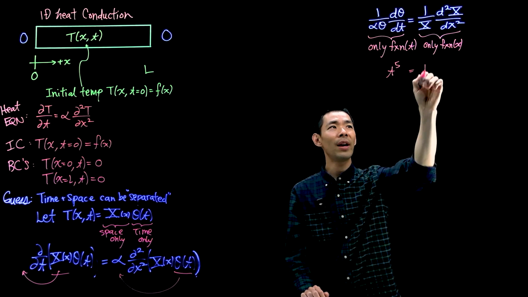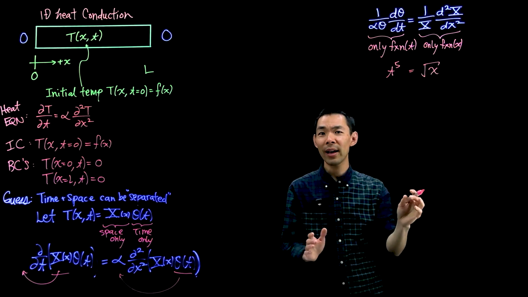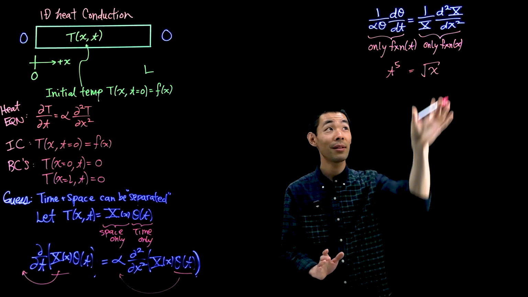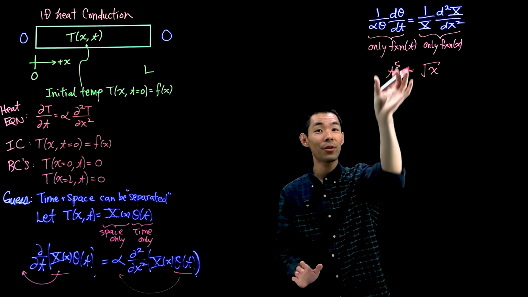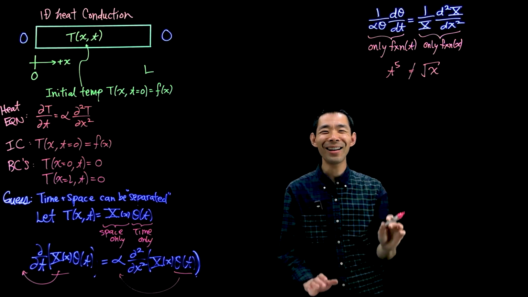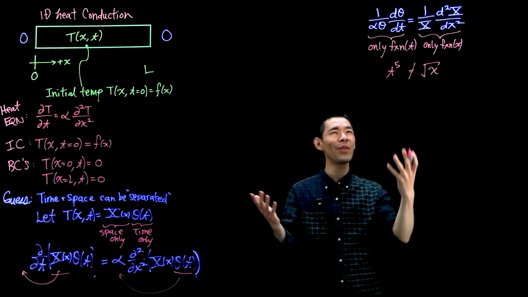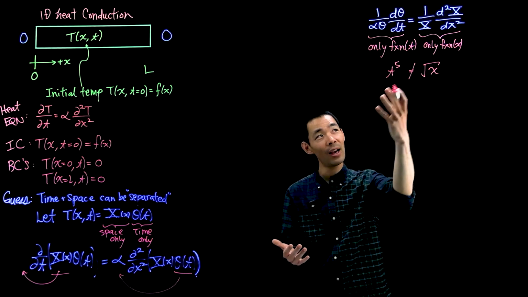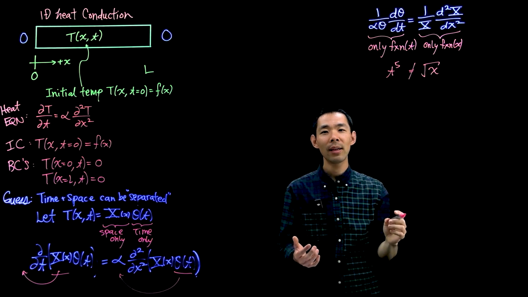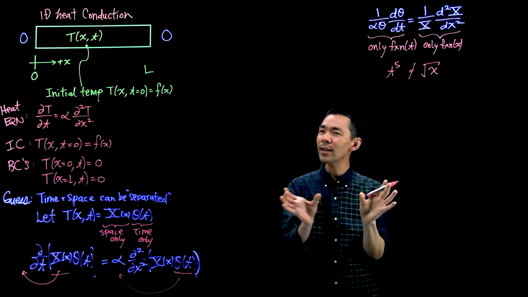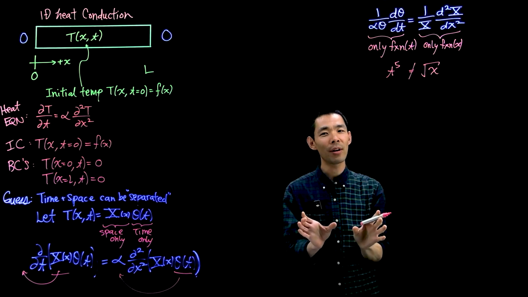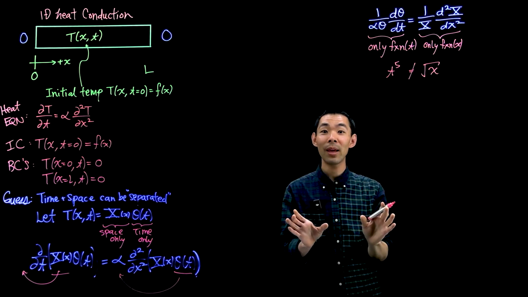But if I have square root of x, which is also a function of position, right? This is a function of position, function of time, but they are not equal to each other. And you could try to imagine any function of temperature or of time on the left, position x on the right, and think about when can they possibly be equal to each other for all time and position.